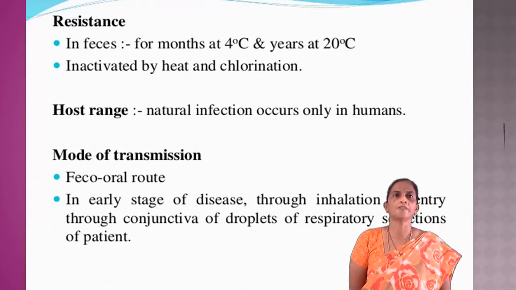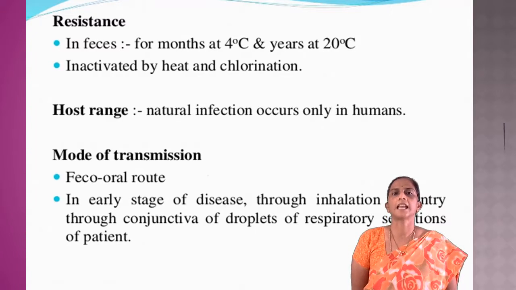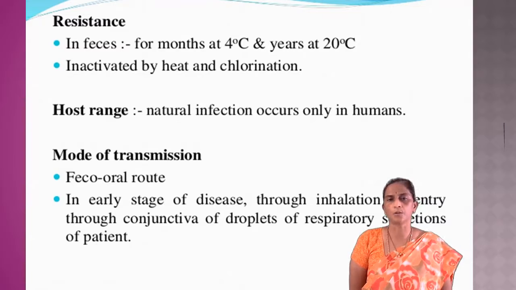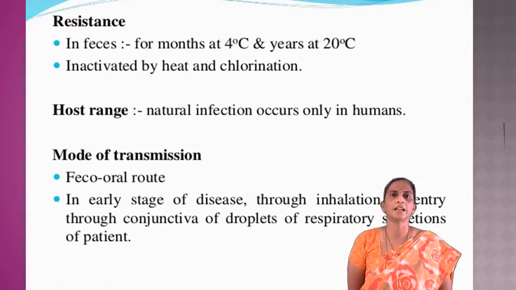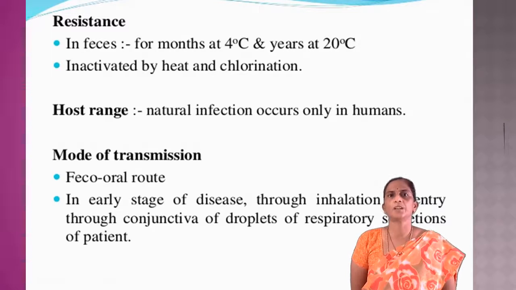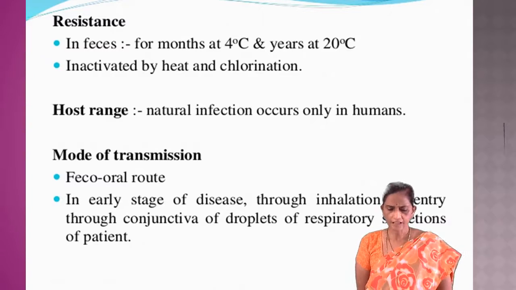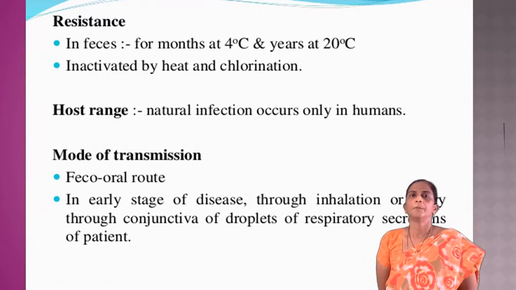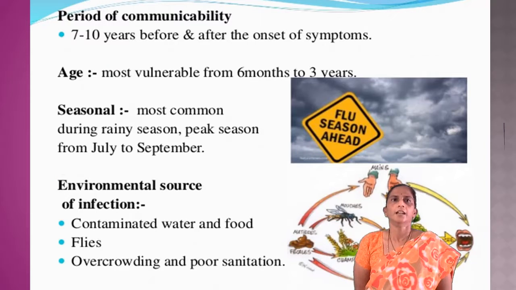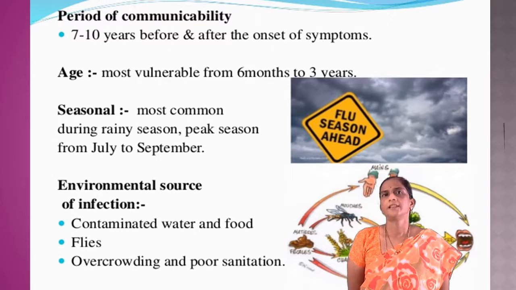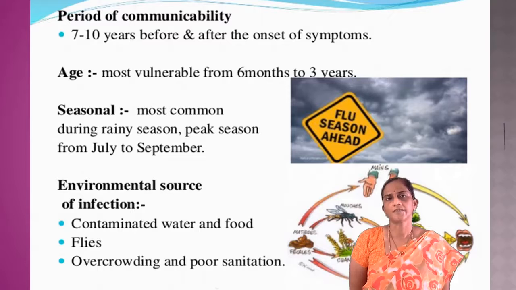Next, coming to the mode of transmission, it is mainly transferred through the fecal oral route. Previously, it was believed that it could be transmitted through respiratory secretions, but nowadays we recognize polio as a disease of the intestine. Next, the period of communicability, 7 to 10 days before and after onset of the symptoms.